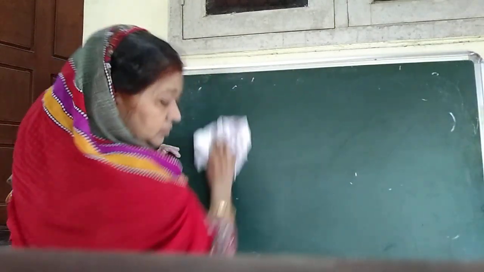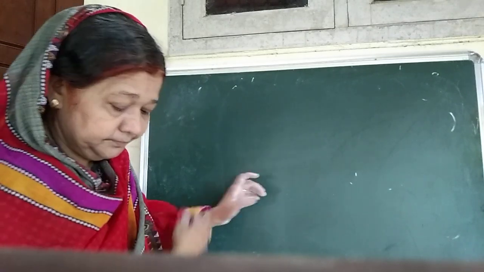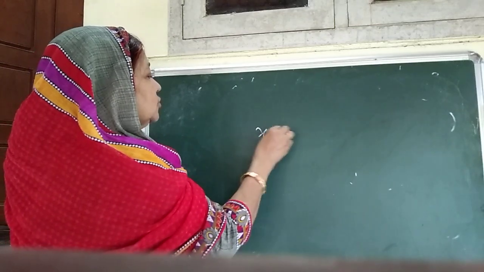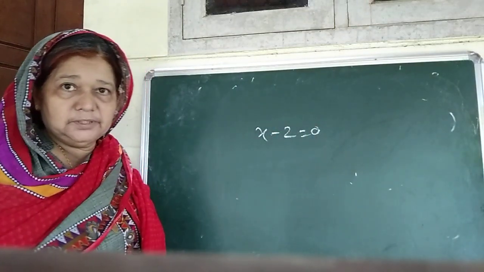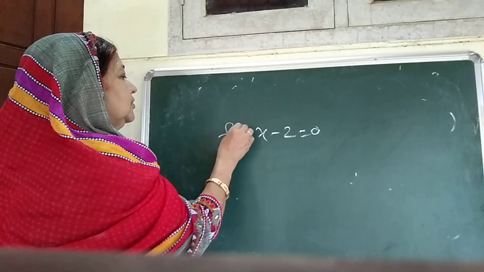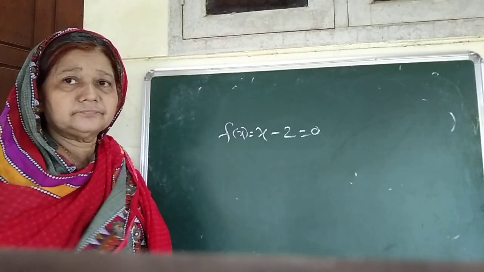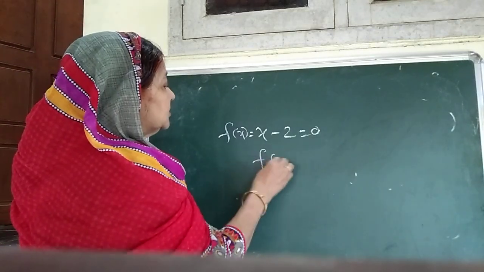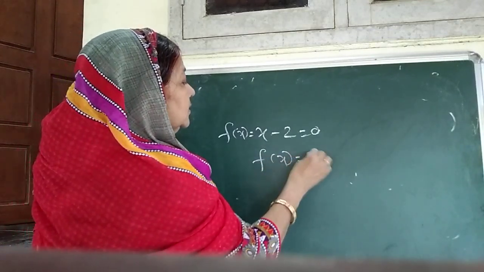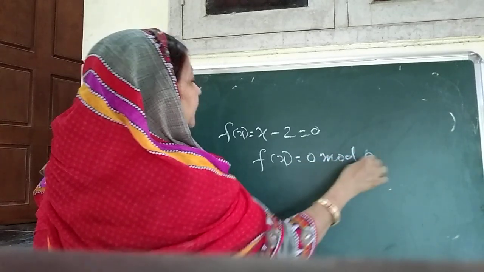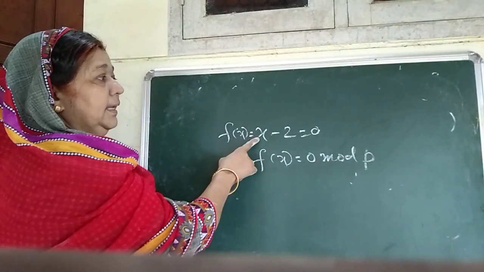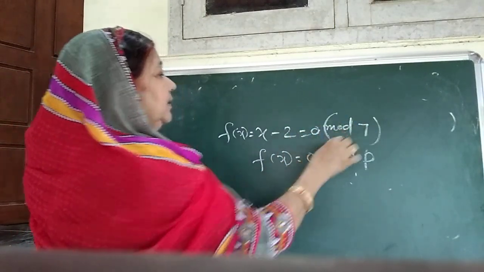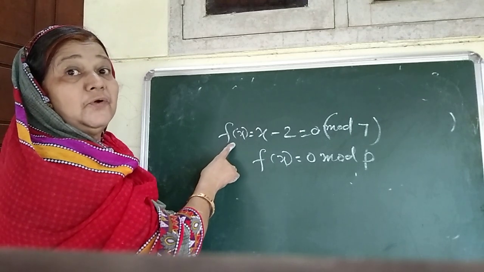Then we come on to linear congruences. We know linear equations. Say x minus 2 equal to 0 is a linear equation. Here, f(x) equals x minus 2. Here we can consider a linear congruence. That is, f(x) is congruent to, say, 0 mod 7. Then x minus 2 is congruent to 0 mod 7, which is a linear congruence.